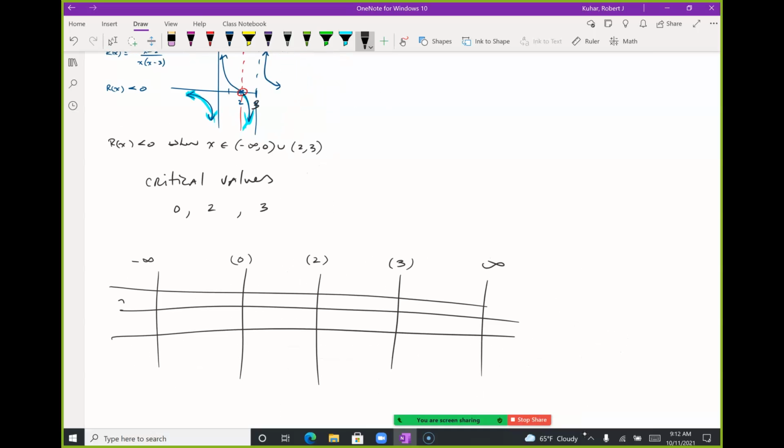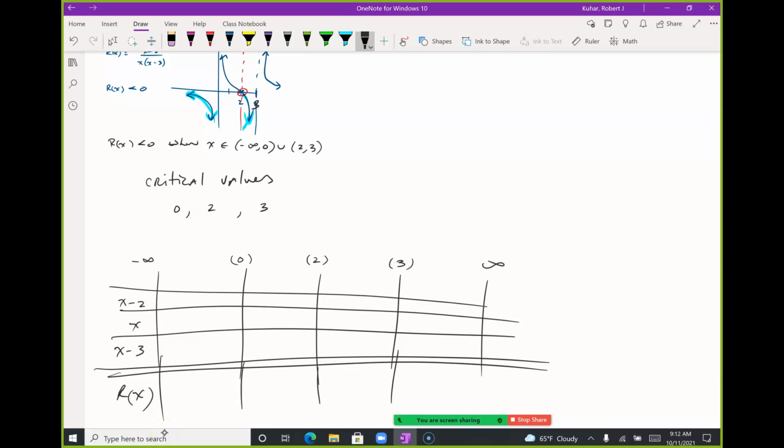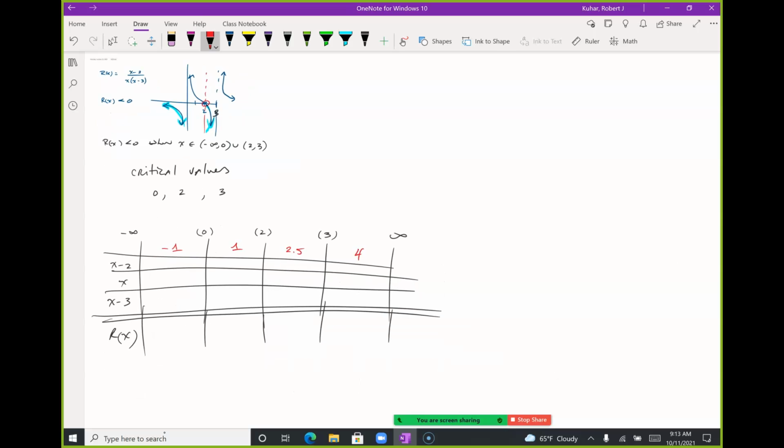So I have a factor of x minus 2, a factor of x, and a factor of x minus 3, and then the whole thing will give me my r of x. I want to see this, whether MathXL asks you for this or not, right? And so what are my test values? Well, I can pick anything I want. Let's pick -1, let's pick 1, let's pick 2.5, let's pick 4. Anything I want, left of, right of, and in between, my criticals.